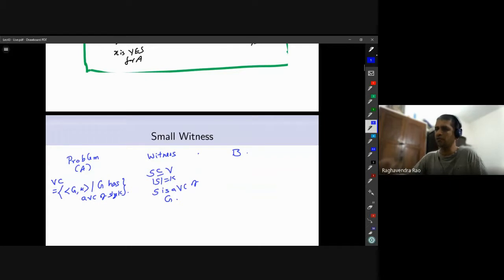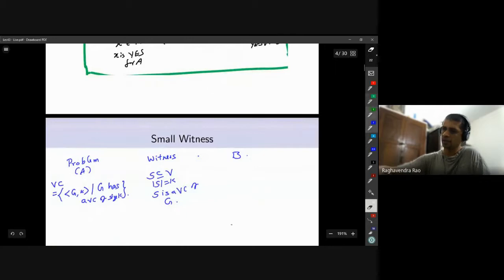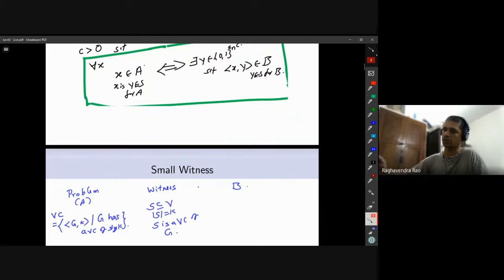Now what is a witness language? We'll call this a witness language. In this notation it should be X comma Y, right? So what is Y here? Y is a subset which happens to be a vertex cover. So how do we write the witness language or witness set?